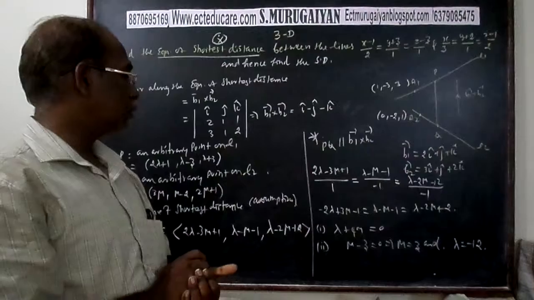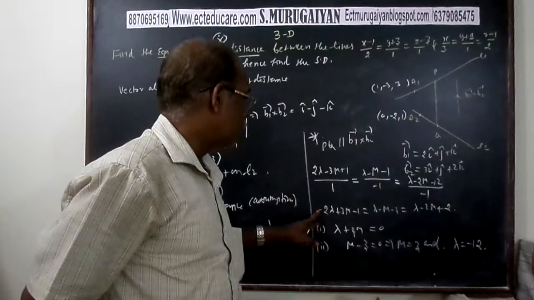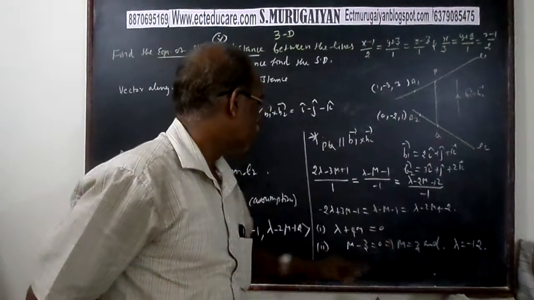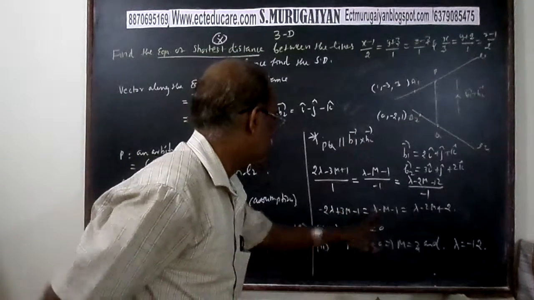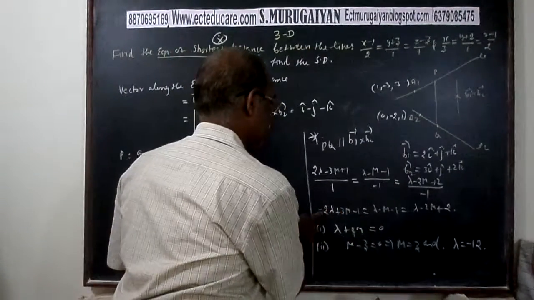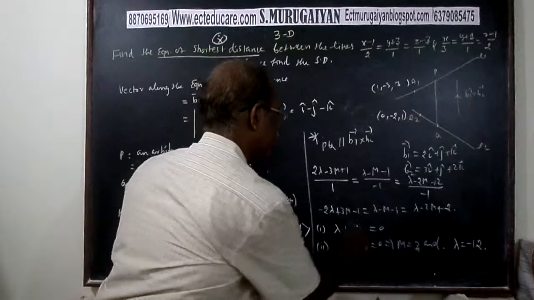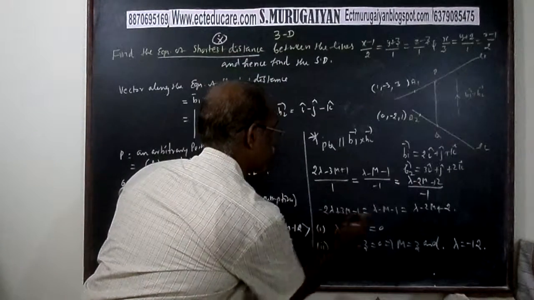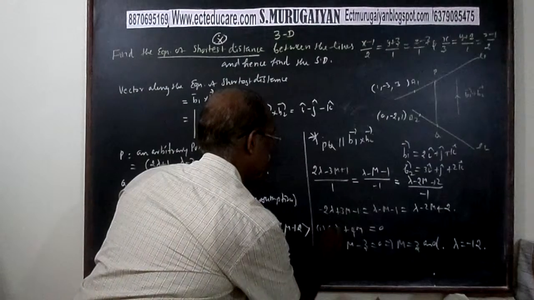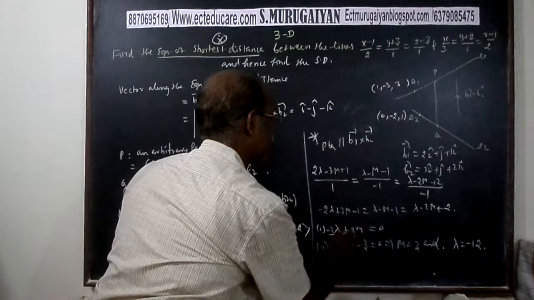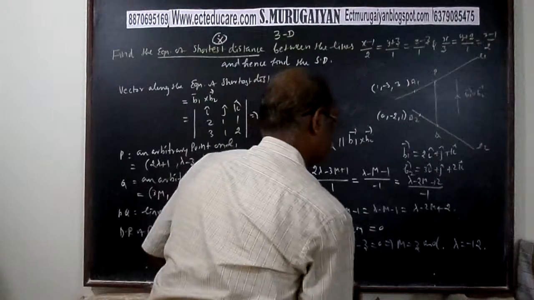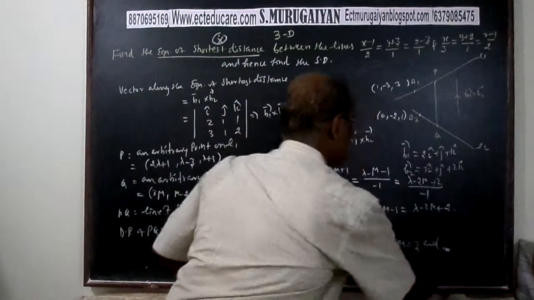Once again, minus 2 lambda, okay, this minus lambda, I think we need some correction. Minus 2 lambda minus 3 lambda, 3 mu minus 4 mu. Now what to do? Lambda cannot be negative 12.